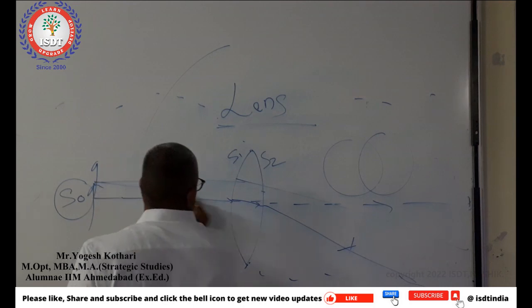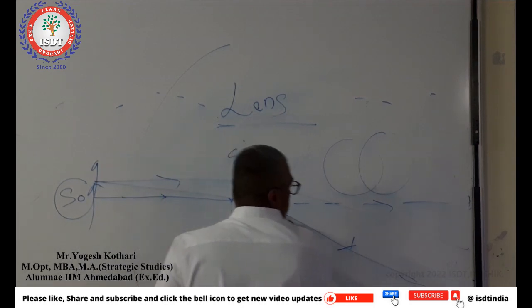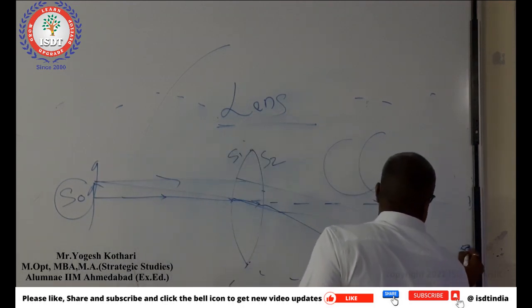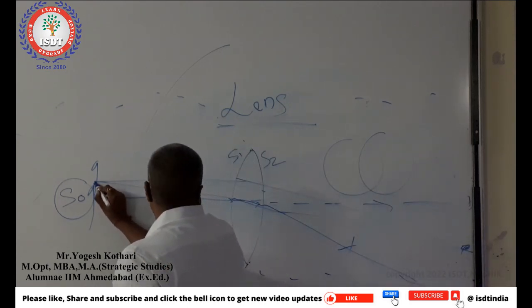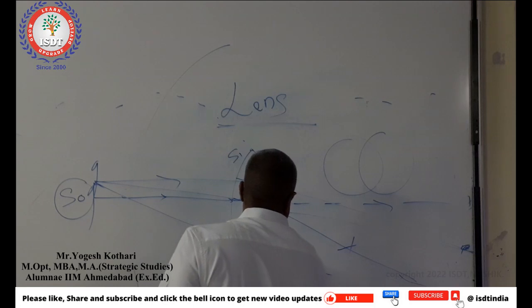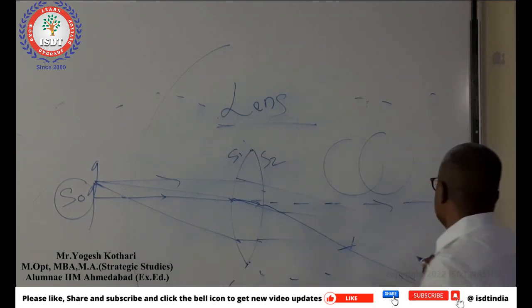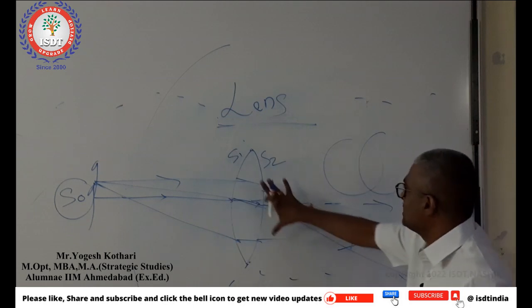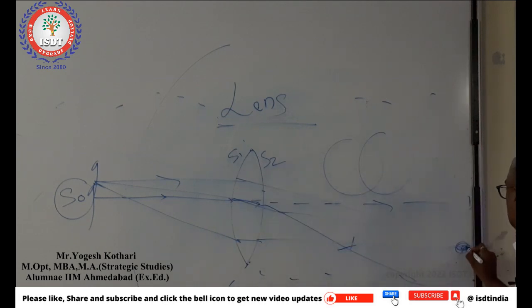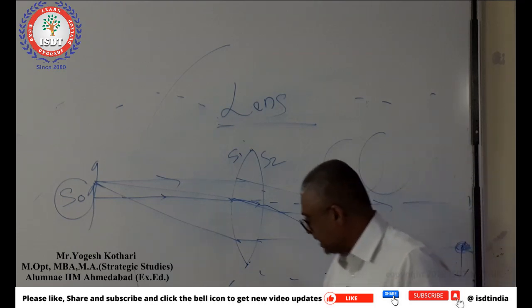This is the second ray that is going through the center, again intersecting at this point. Here is another ray that is coming, and it is again intersecting. Where all these rays intersect, that means they get focused. Basically, what is this lens doing? It is focusing. You get the image of that source this way.